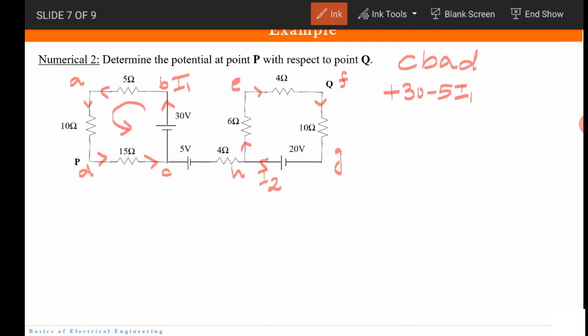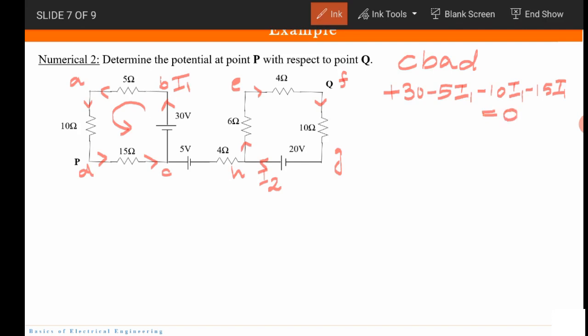Next, AD. We are also moving in the same direction, so again it would be minus 10I1. Then D to C, again the same direction, so it comes out to be minus 15 I1. This whole becomes 0.